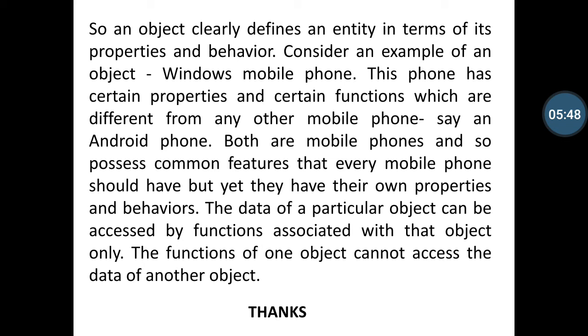Both are mobile phones and so possess common features that every mobile phone should have, but yet they have their own properties and behavior. The data of a particular object can be accessed by functions associated with that object only. The functions of an object cannot access the data of another object.